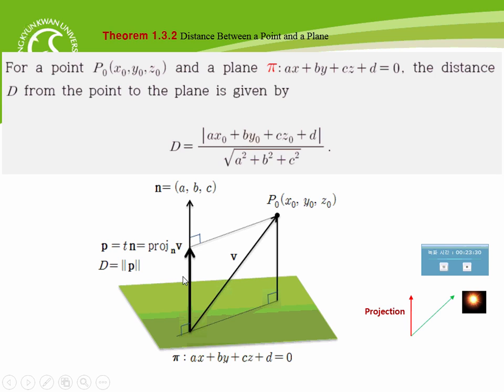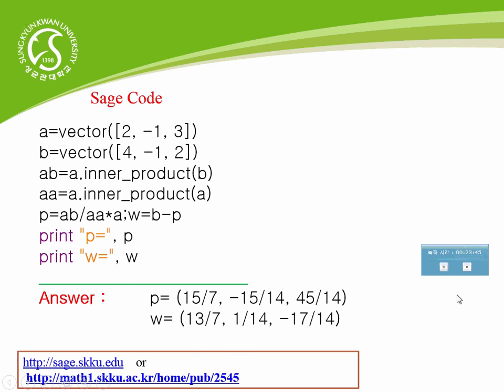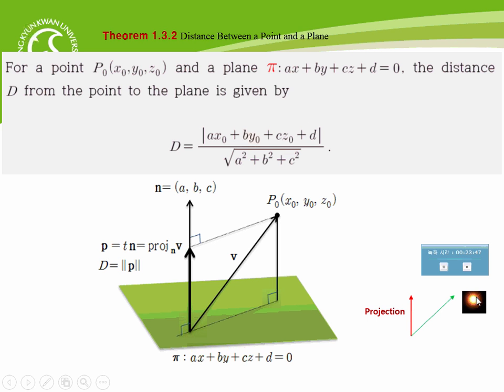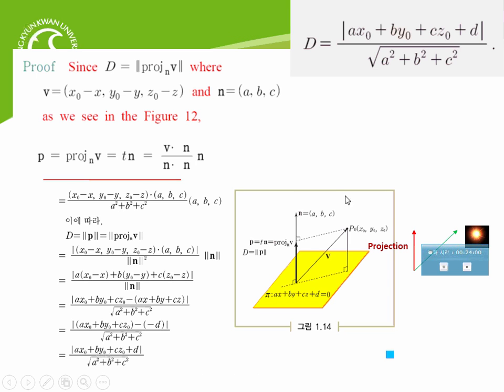So if we find this projection, all we have to do is find the length of this projected vector, just the norm of that vector. That's the whole concept. Projection is like this. If you have a sun like this, then the image of this vector should be this one, not here. If the light is here, then this should be the image. So this vector and this vector have the same length. This is the concept.